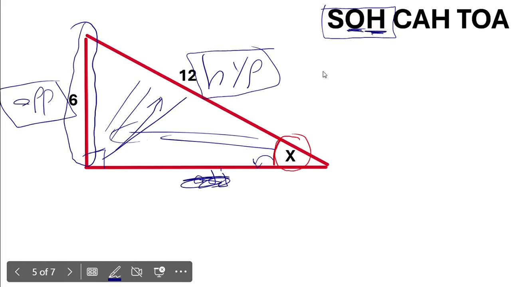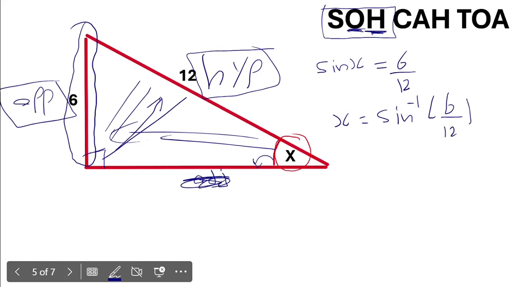Now sine x equals opposite over hypotenuse. Opposite is 6 over hypotenuse is 12. Now x equals sine to the power of -1, open bracket, 6 over 12.